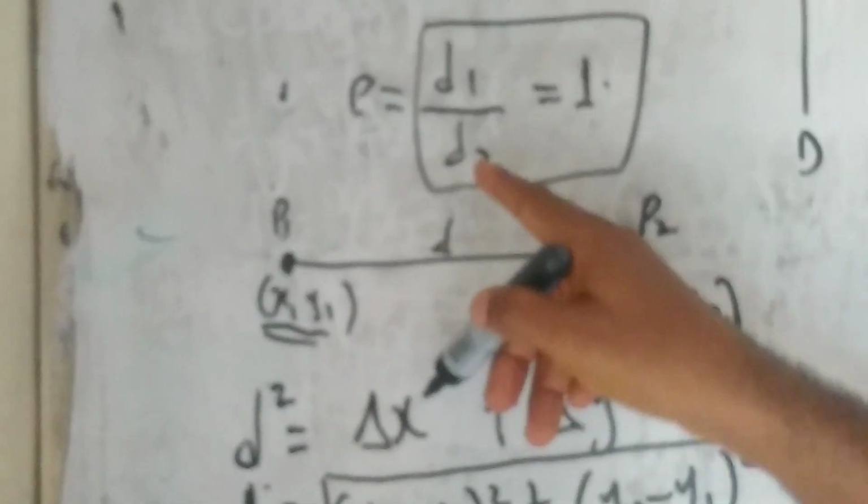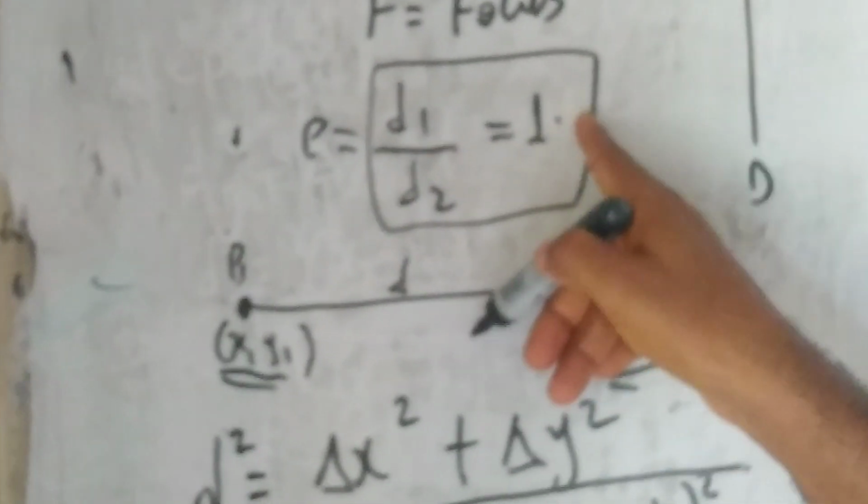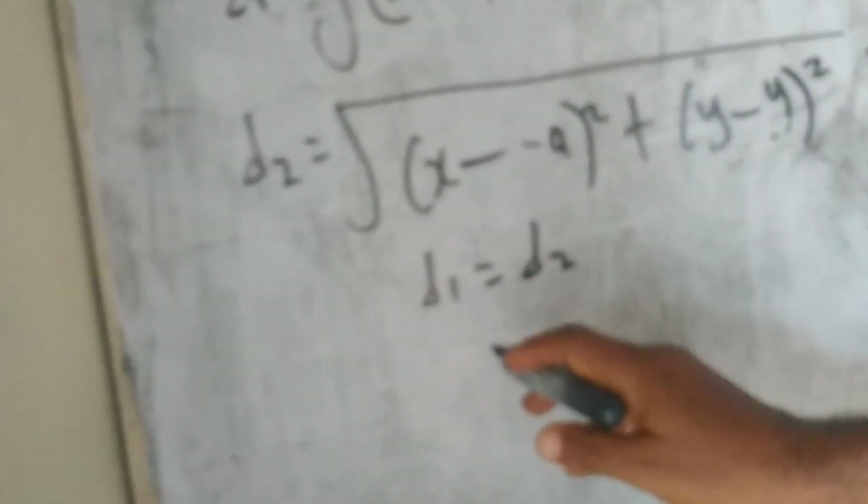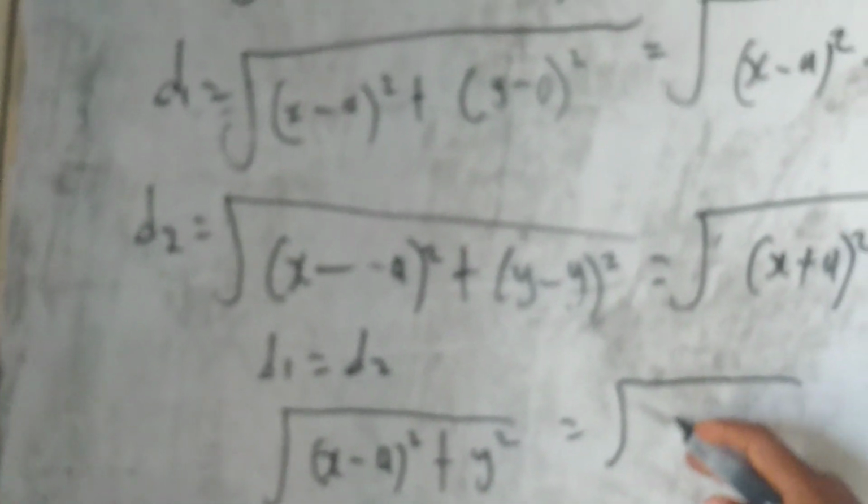So now, according to this relationship for the parabola, I can cross multiply. If I cross multiply, my d1 will be equal to d2. That means these two formulas will be the same. So I can equate this formula, the square root of (x minus a) squared plus y squared, is equal to the square root of (x plus a) squared.